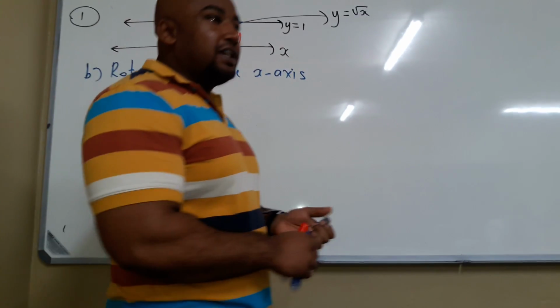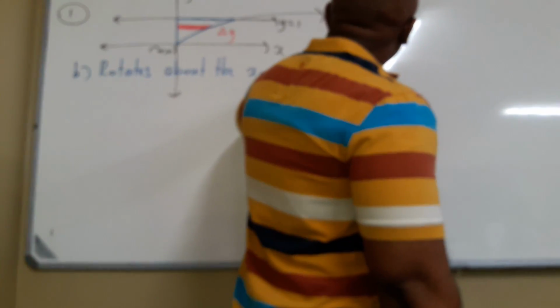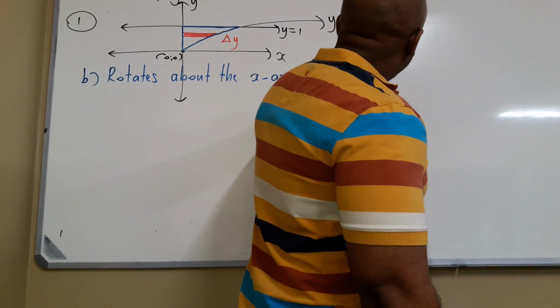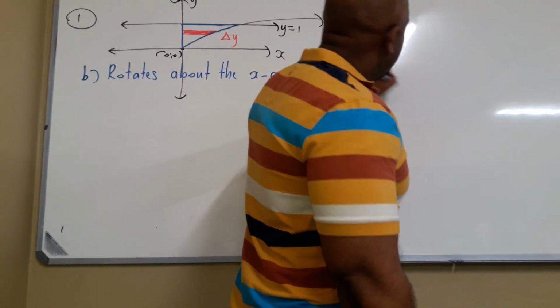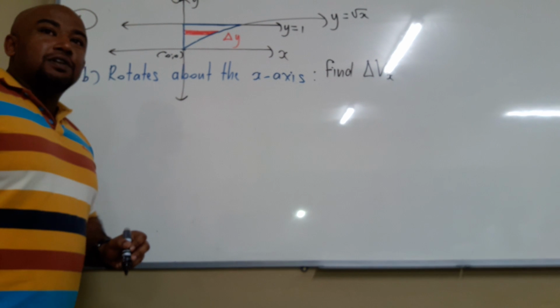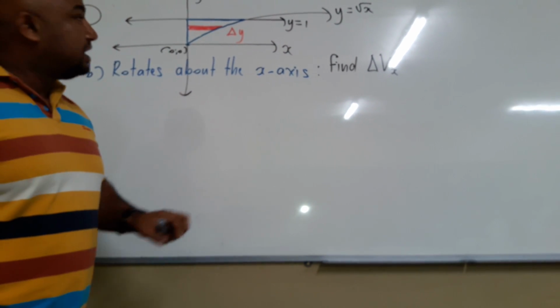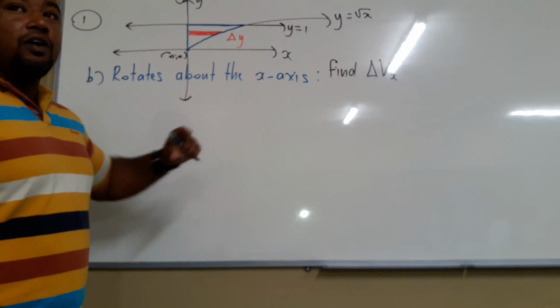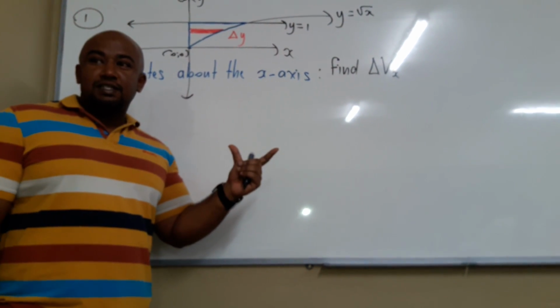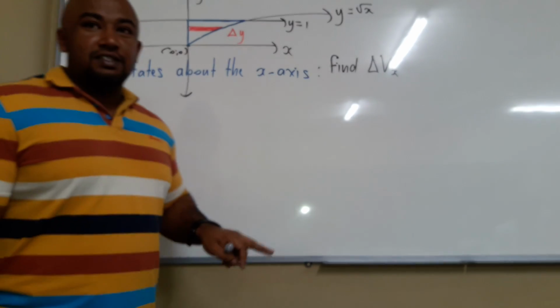So if the question states rotates about the x-axis, therefore we need to find delta Vx. Now, first thing on our checklist is how is the representative element related to the reference axis?